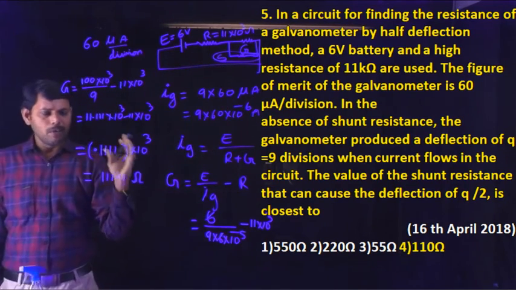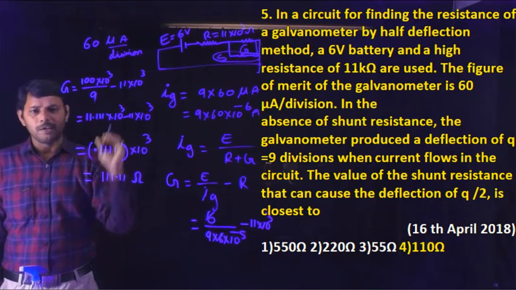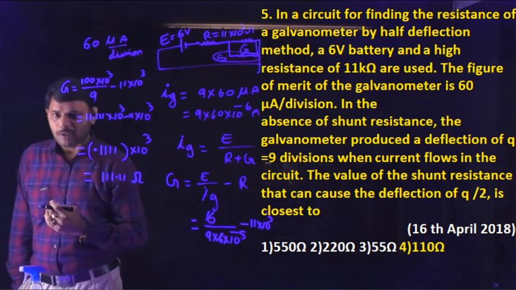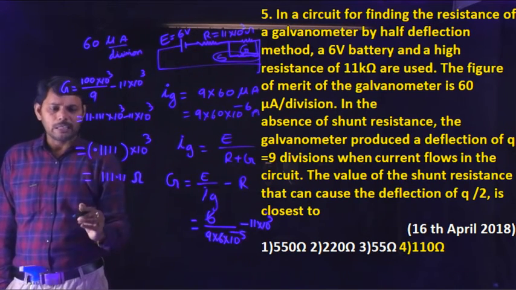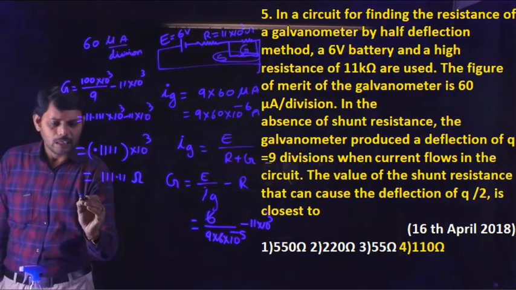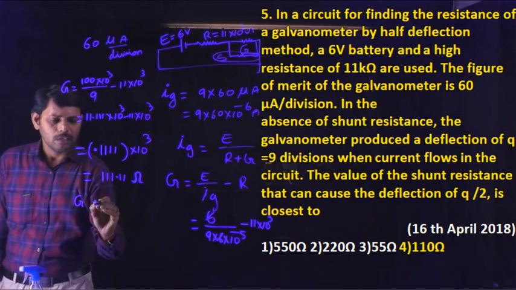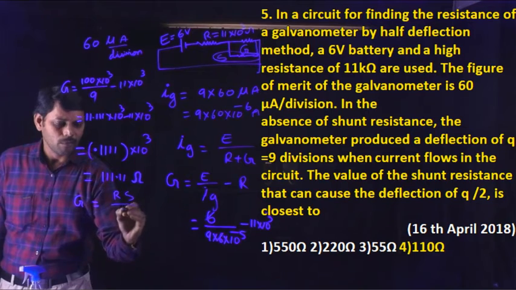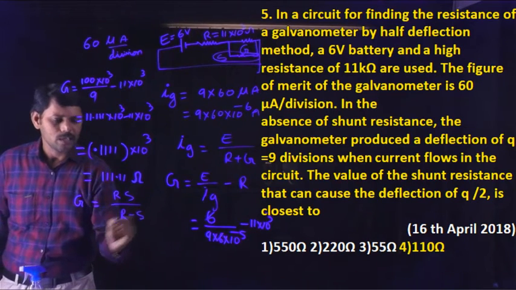Already in the previous part of the explanation, I clearly explained the half deflection method. According to it, I gave a formula for you. In the half deflection method, G is equal to R into S by R minus S. Here we have to find the S value.